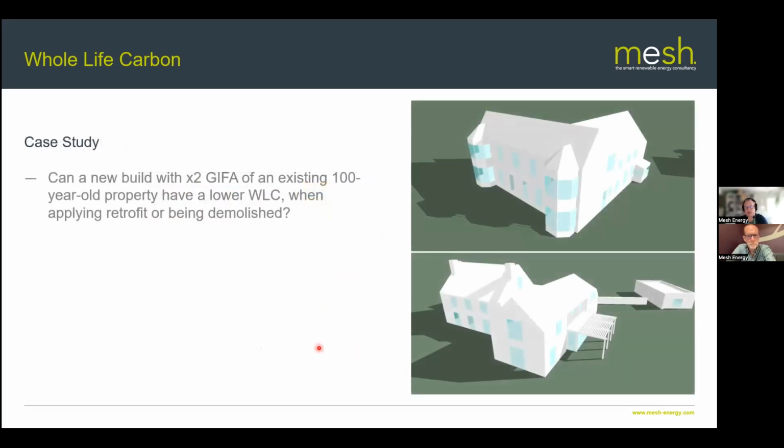So just by way of a case study, this particular project wants to double the internal floor area of a 100-year-old property.